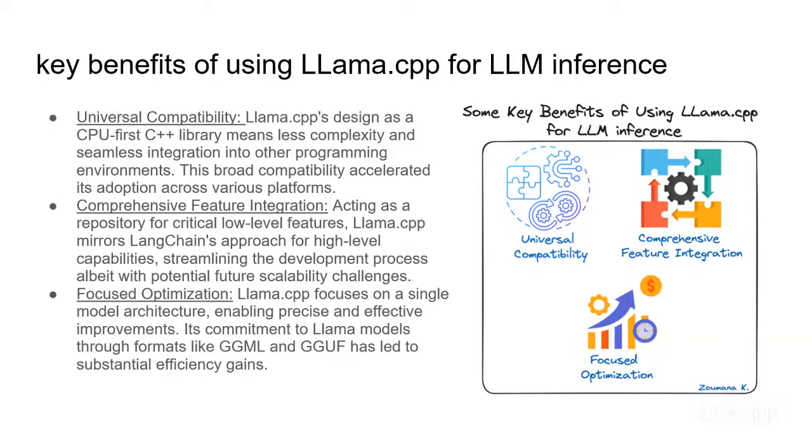This broad compatibility accelerated its adoption across various platforms. It has comprehensive feature integrations, which act as a repository for critical low-level features. It has mirrors like the LangChain approach, which offers high-level compatibility, streamlining the development process despite potential future scalability challenges.